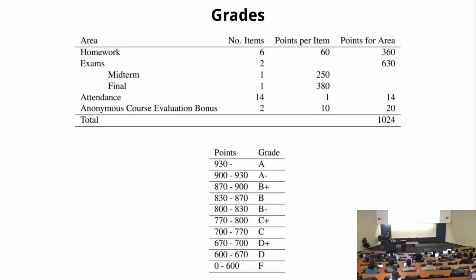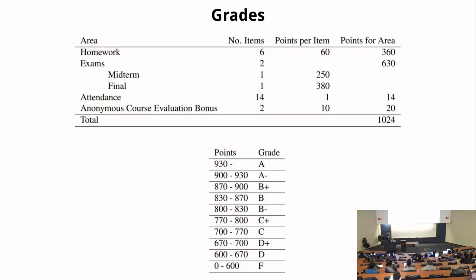So this is a breakdown of the grades. We'll have 6 homework assignments, total 360. 2 exams, where the midterm is shorter than the final, but anyway, in total there will be 630. Then every week, an attendance check. Also, there will be 2 anonymous course evaluations.